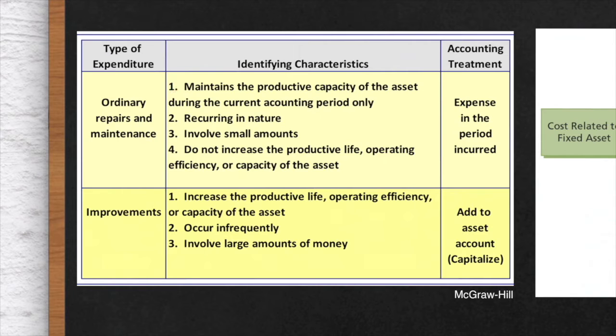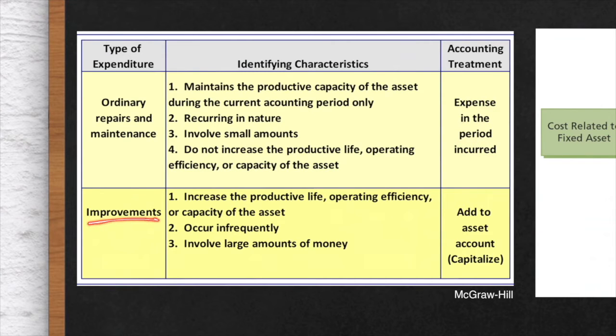And it needs to maintain the productive capacity of the asset during the current accounting period only. It needs to be recurring. It involves only small amounts. And this is important, number 4, do not increase the productive life and operating efficiency or capacity of the asset. So the accounting treatment there is you're going to expense everything.